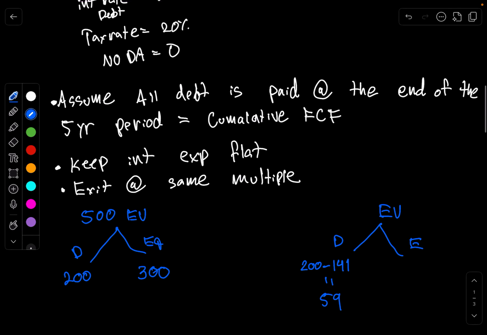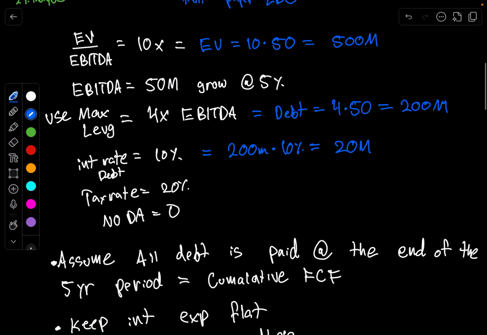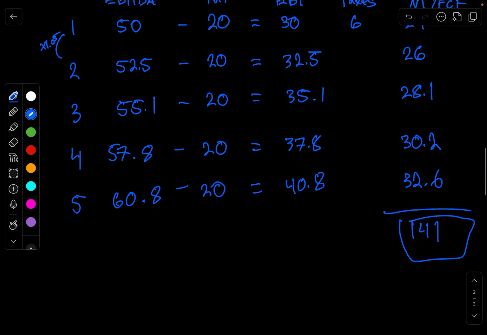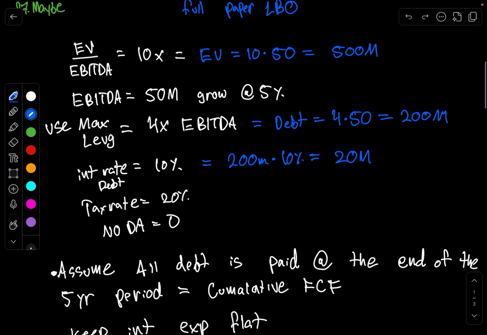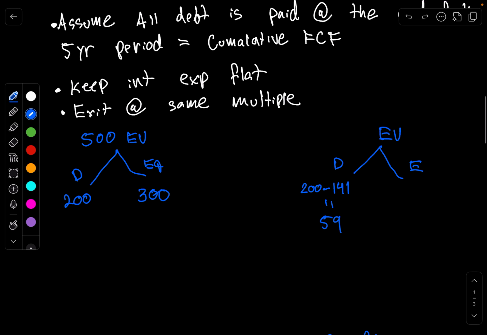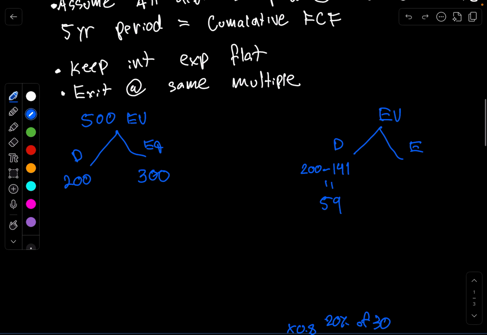And they've also told us that the exit is at the same multiple, and that's typically what they'll say. If not, then you just multiply your new EBITDA by the given valuation multiple. So we know that this is 60.8 times 10, which gives us 608. So we know what the equity portion is over here.